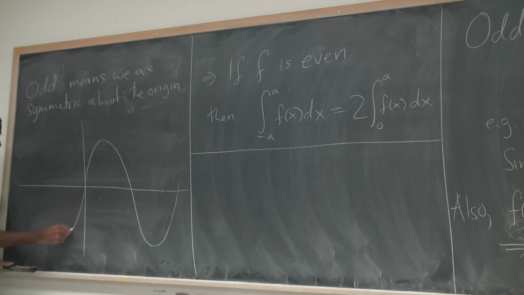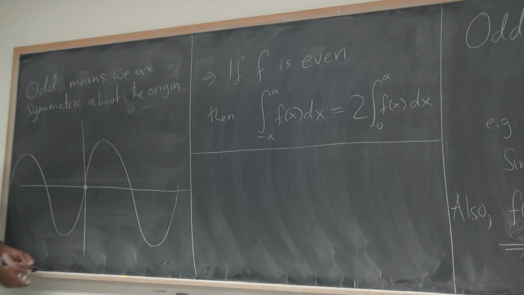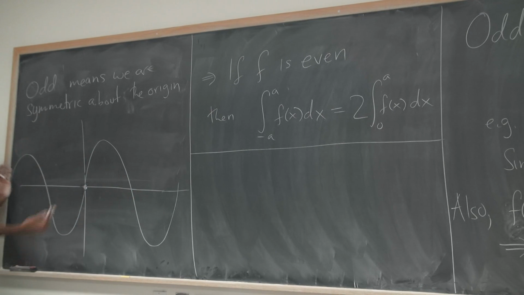Continues, goes back like that. Symmetric about the origin means you can rotate it like that, 180 degrees, and you get the same thing. Or you can think of it as two motions. Flip it in the y, and then flip the result in the x. Right? So if I take the right side, flip it in the y, and then flip it upside down, I get the left side. Right? That's symmetric about the origin.